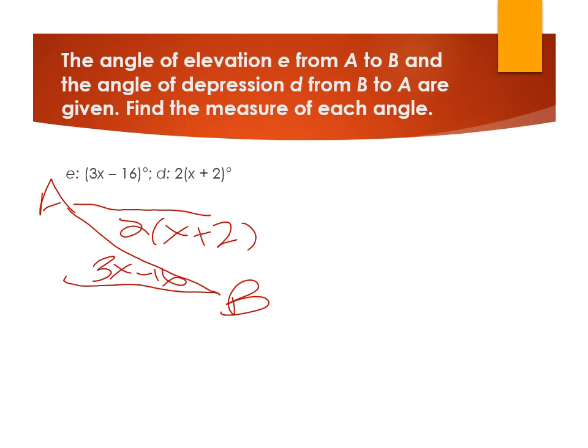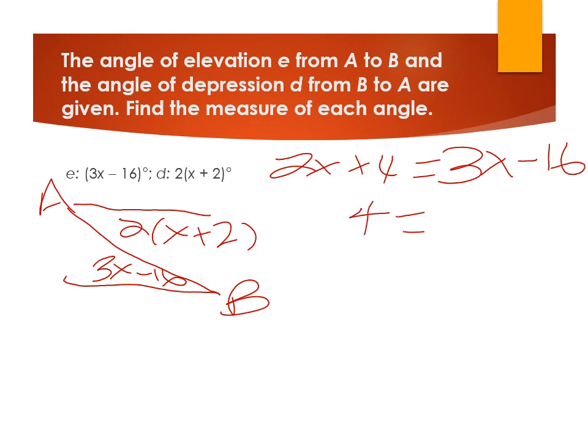Remember that these are made with horizontal to the ground lines. So these are congruent. So I'm going to distribute. I'm going to get 2x plus 4 equals 3x minus 16. Setting them equal to each other because they're congruent, I'm going to subtract 2x from both sides. So I get 4 equals x minus 16.